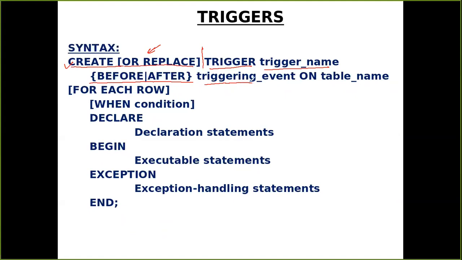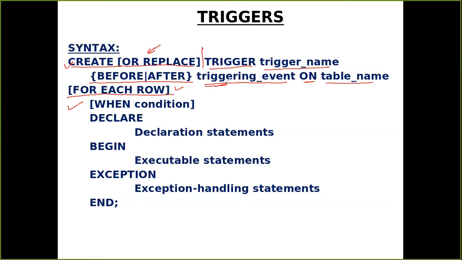Then you have to specify the event name. Then you have to specify the table name for which you want to create the trigger, followed by the optional clause FOR EACH ROW. We will discuss all this one by one, followed by the WHEN condition. As we have already discussed, a trigger has three parts.